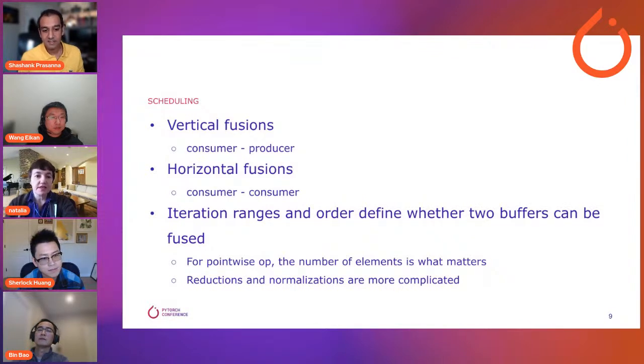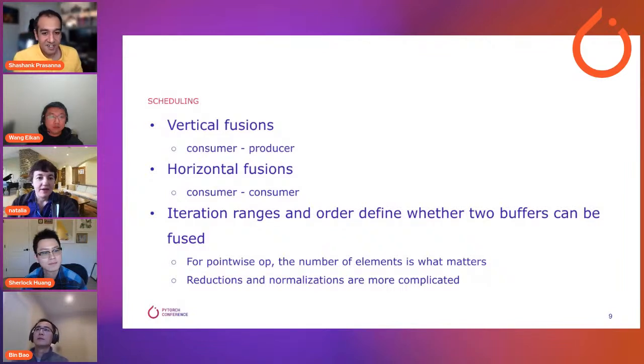But AOT Autograd is taking care of the functionalization for us, so the graph that we get from AOT Autograd is functionalized, and Inductor is producing efficient and correct code for that. Thanks.